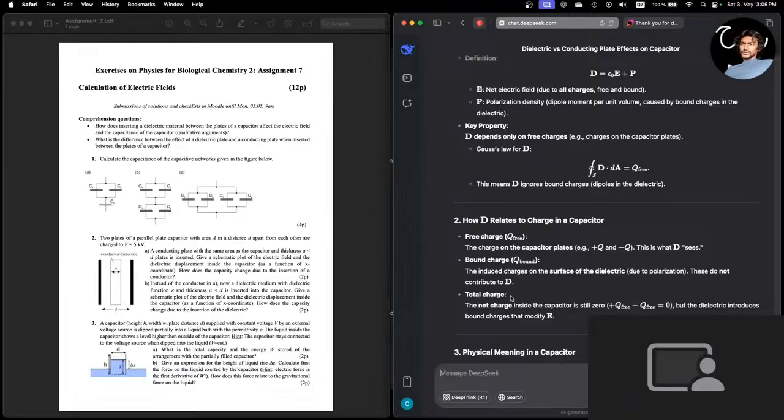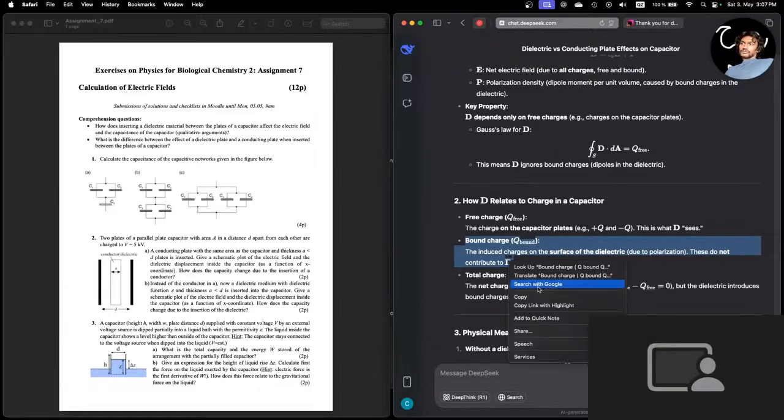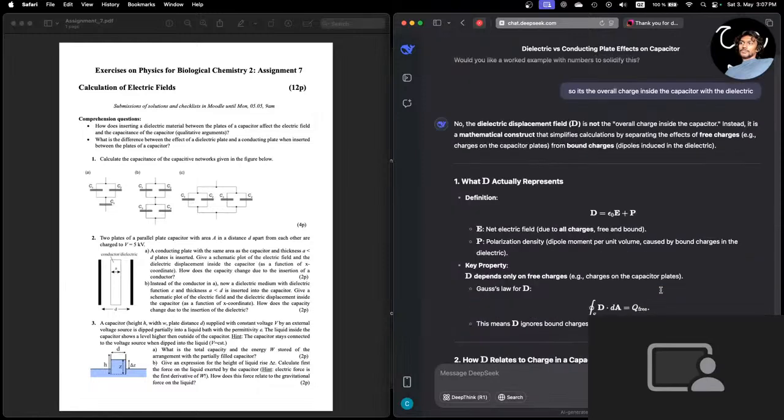These do not contribute to D. I thought it was a sum of bound charge.